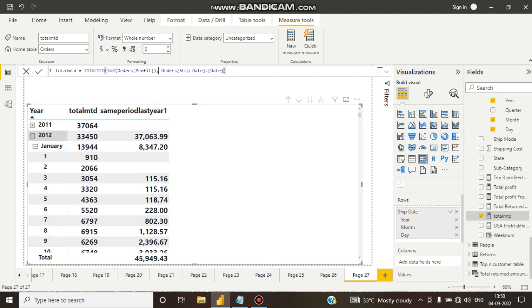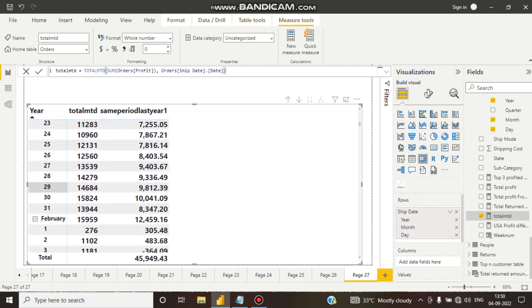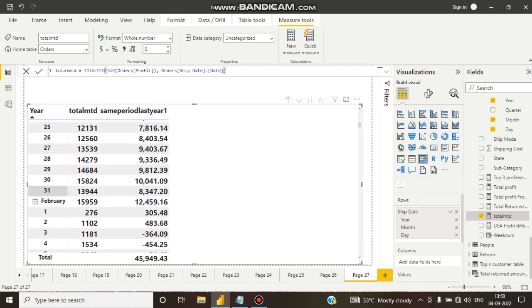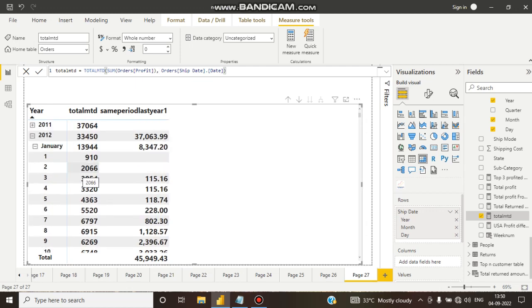Okay, so here you can see in 2012 January the total is 33,450. So if you go to the 31st of January, sorry, here you can see in 2012 January there was 13,924 profit.